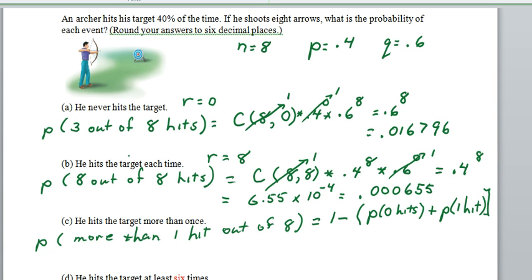And we already have done the probability for 0 hits.